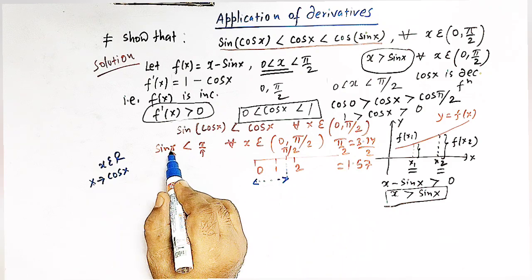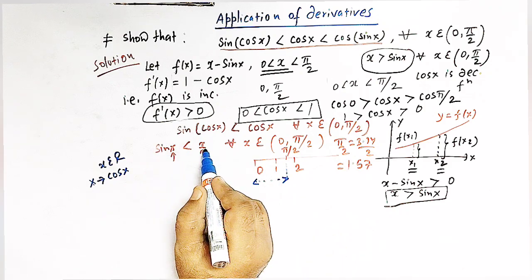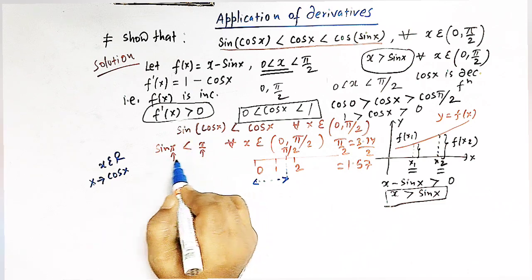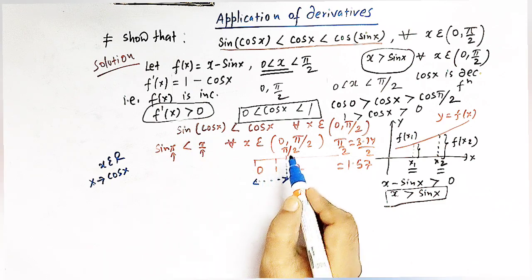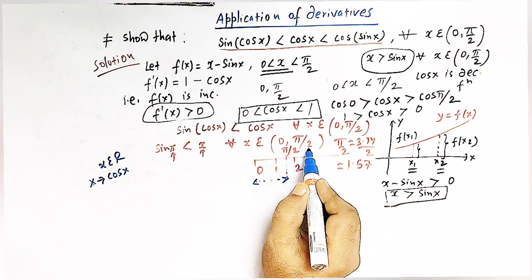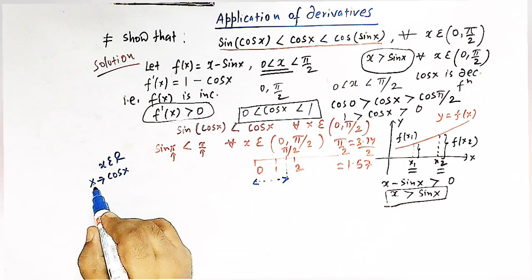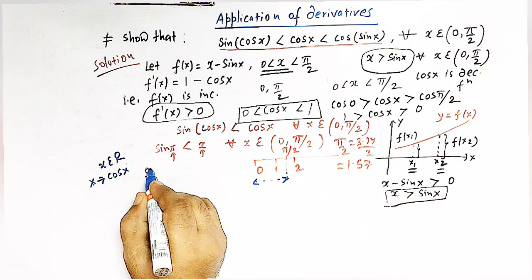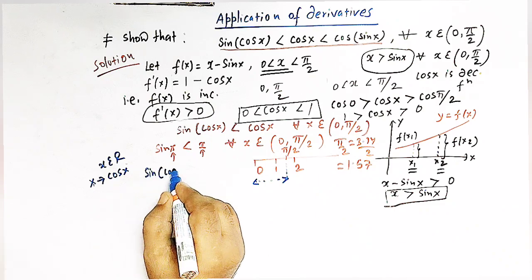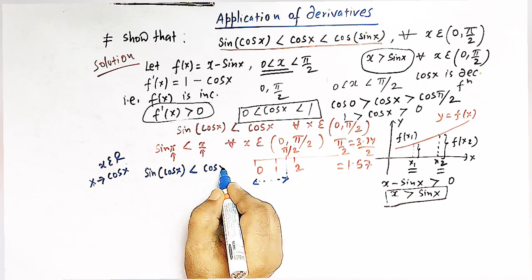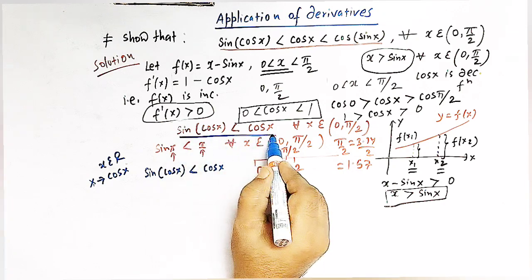So now we are replacing in this inequality x by cosine of x, because this inequality is valid for all values of x which lie in this interval, 0 to pi by 2. And when we replace this x by cosine of x, we'll get sine of cos of x is less than cos of x.